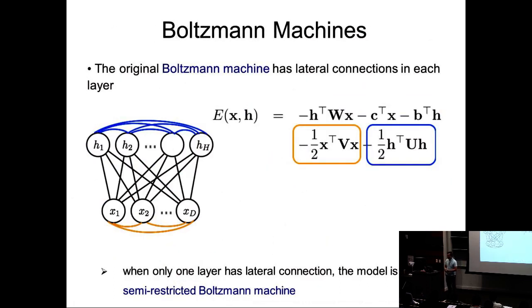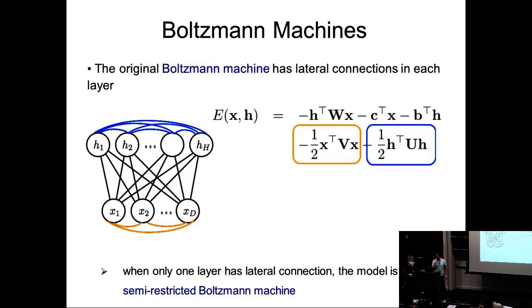And finally, you can also take the original Boltzmann machine and you can add lateral connections in each layer. There is some work with neuroscientists, because we believe in the brain, neurons are not just connected between layers, there are also lateral connections. There's been some work introducing these lateral connections that can serve as inhibition or excitation, which is to say, if H1 is 1, maybe H2 should be 1 as well, right? So you can learn that particular pattern. And here it's fairly straightforward.